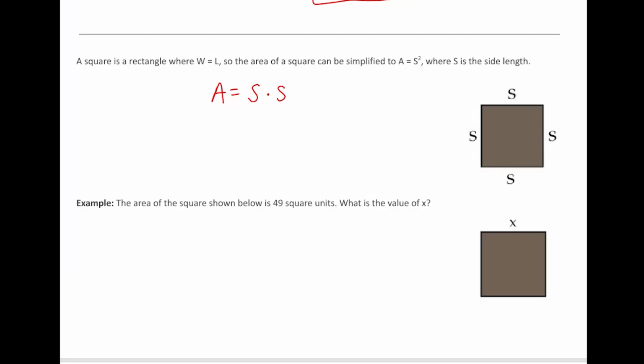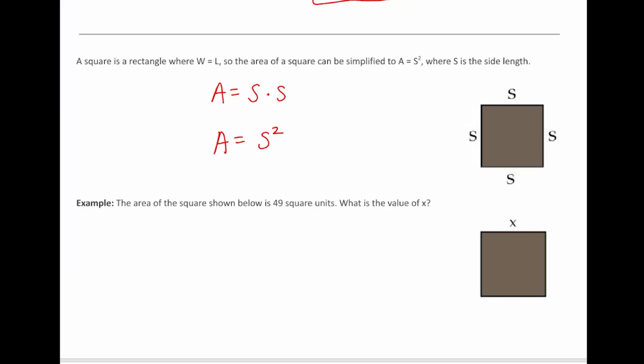Anytime you multiply something by itself, that's the same thing as squaring it. So if you have a square, you can simplify that formula for the area. It's just the side times itself. You just square the side length to get the area of a square.